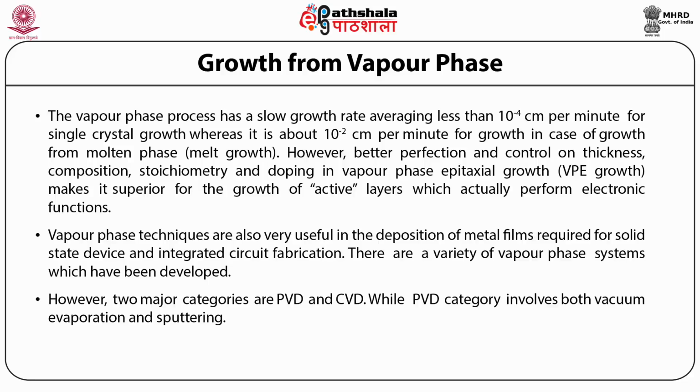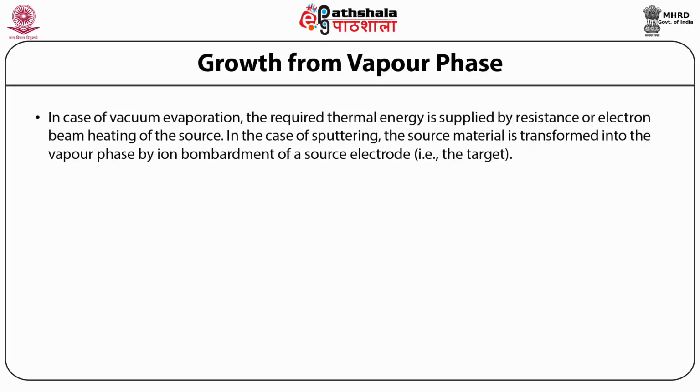The PVD category involves both vacuum evaporation and sputtering. In the case of vacuum evaporation, the required thermal energy is supplied by resistance or electron beam heating of the source. In the case of sputtering, the source material is transformed into the vapor phase by ion bombardment of a source electrode, that is the target.